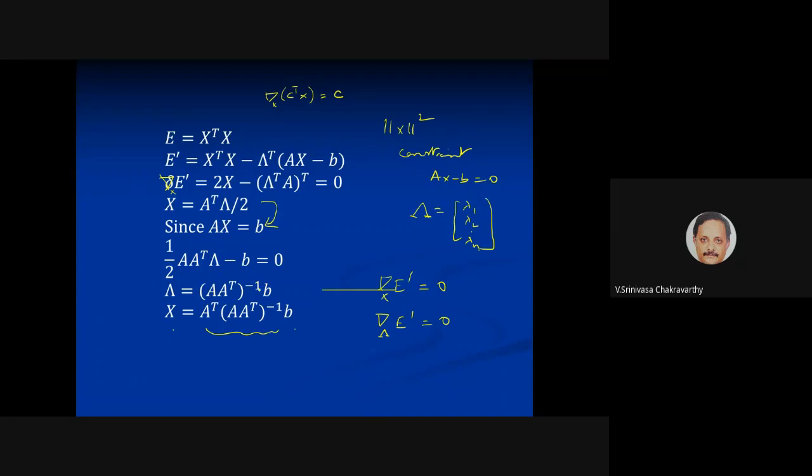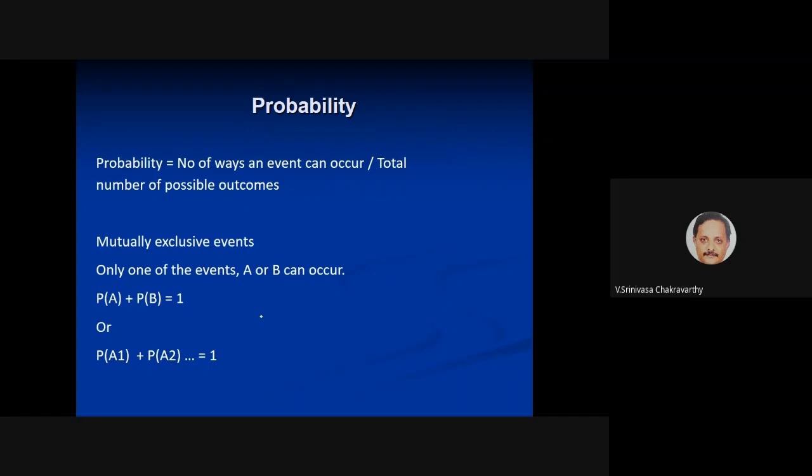If you plug this back into this, you get x equal to A transpose times (A A transpose) inverse times b. It's very similar to the previous equation. It's just that in the previous equation, the A transpose came after the inverse. Here it comes before the inverse. So this is the minimum norm solution for the third case of the Ax equals b system of equations.